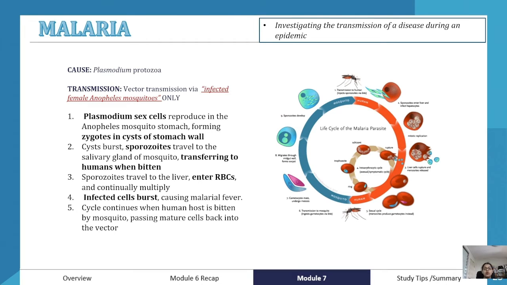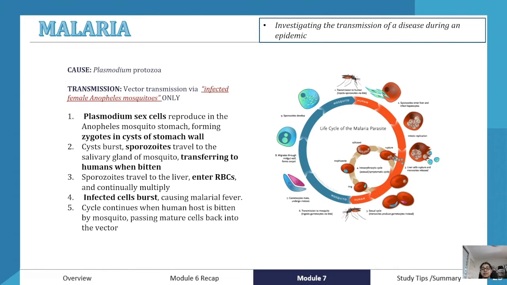They can actually cause the red blood cells to rupture, because they're continually multiplying within the red blood cells. Infected cells burst, which causes malarial fever. And finally, the cycle continues when the human host is bitten by a mosquito, which passes those mature Plasmodium cells back to the mosquito.